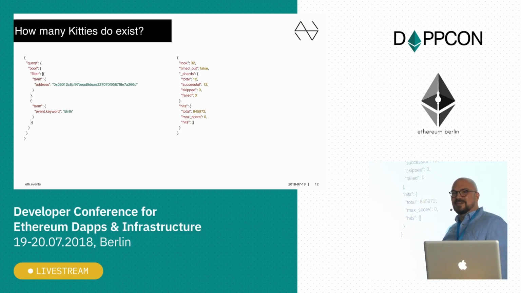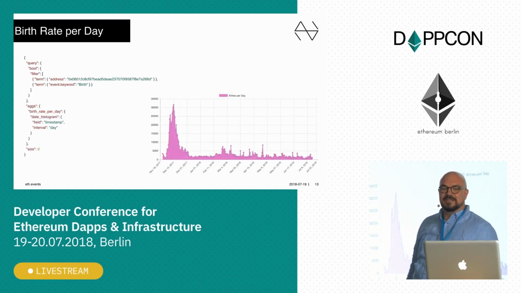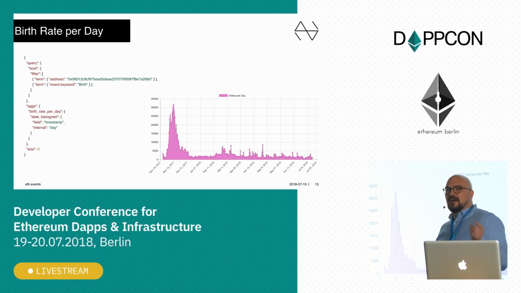So this is, of course, not the only thing you can do with Eth.events, just counting some kitties. You could also have an aggregation, in this case, on the birth rates per day. This is from the beginning of the CryptoKitties contract until now, and you can see in December, when CryptoKitties was kind of popular, a lot of people started breeding their cats and invested a lot of Ether in it, and yeah, we had a peak in December, and then it kind of flattened.